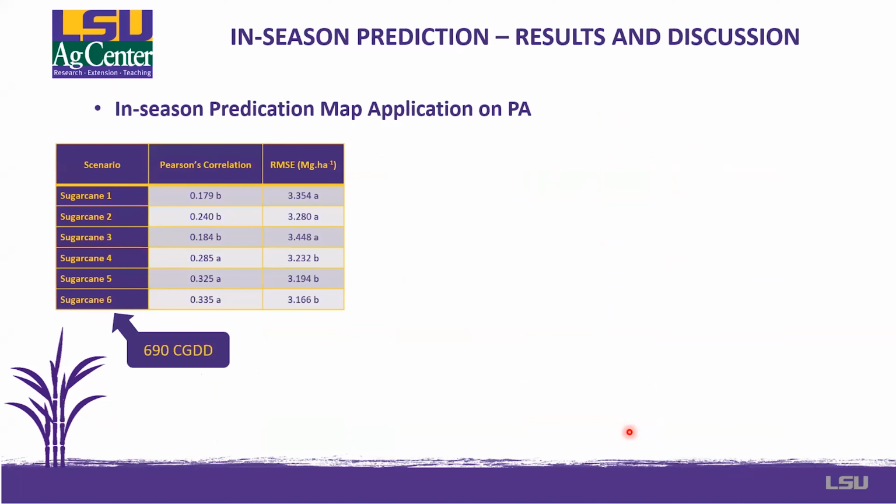And then we performed a very simple analysis here, in which we used a maximum of 690 cumulative real degree days, which would allow us to do any other application still in the field using ground application. And we evaluated how we would obtain the zones of the field if we use the sixth scenario, which was max 690 cumulative degree days.